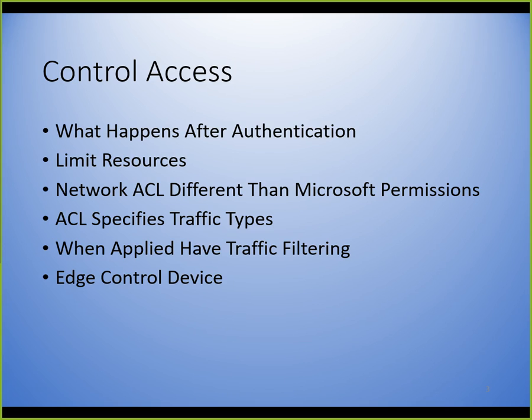We had the AAA, authentication and authorization, which determined access, and once we determined access, what we could do. But that's what we can do on a resource, on a server. Can we use a printer? Can we edit a file? Can we read a file? The access control list is: can we get from one part of the network to another part of the network.